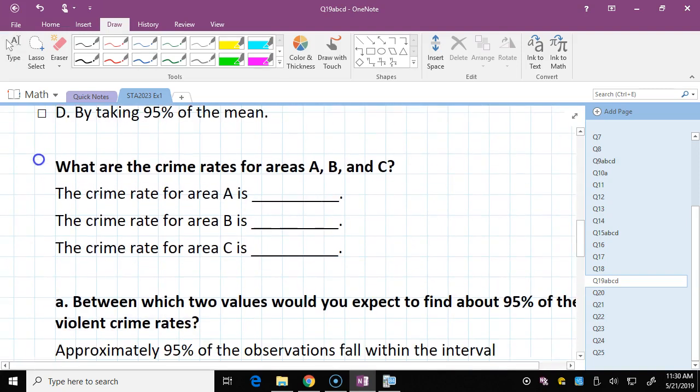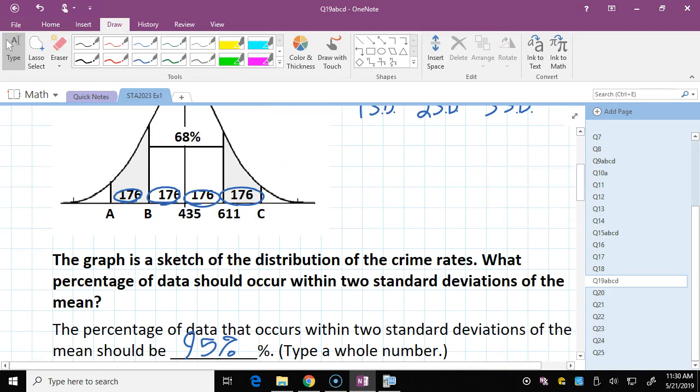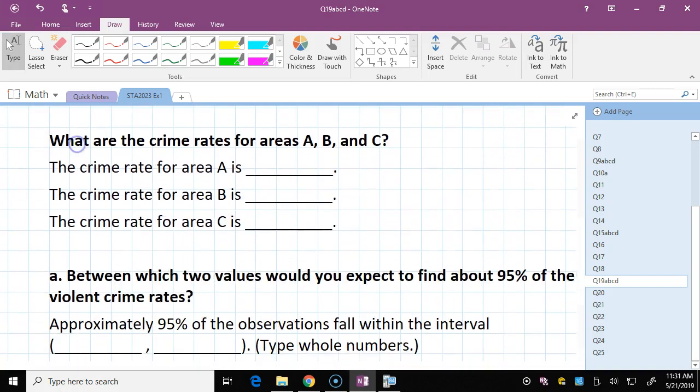Now this one doesn't have a part to it, so I just called this the third question. I did use a little bit of calculator on this because we're just doing some simple adding and subtracting. They want you to figure out the A, B, and C below on your chart. How do I get to B? Subtract 176 from 435, right? So what do you get? 259. Cool beans.